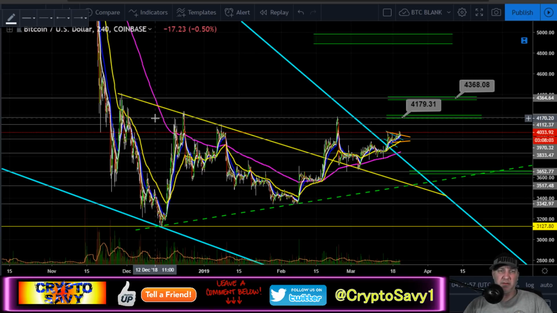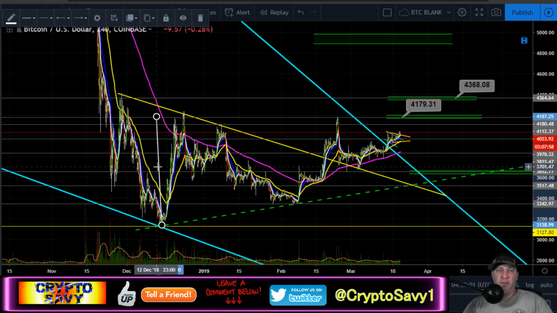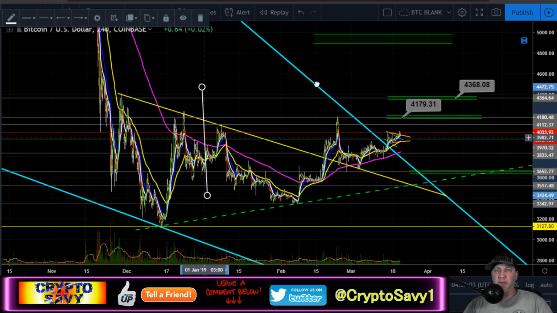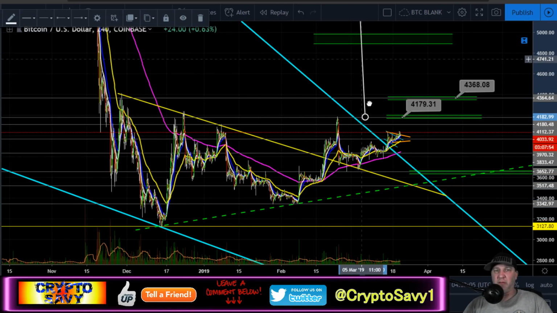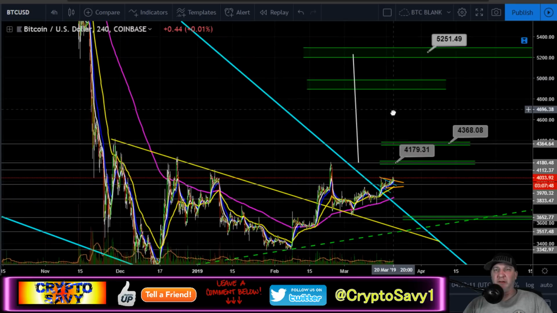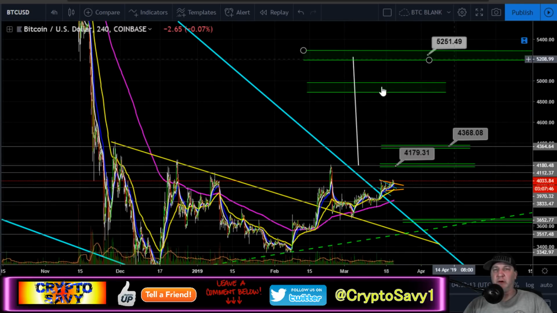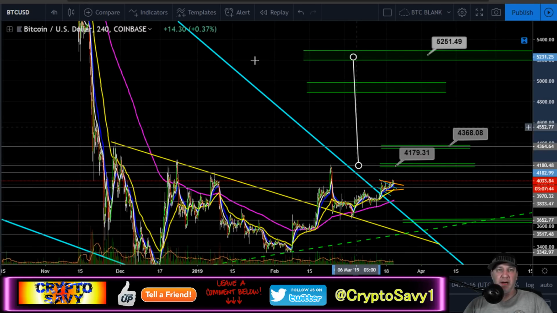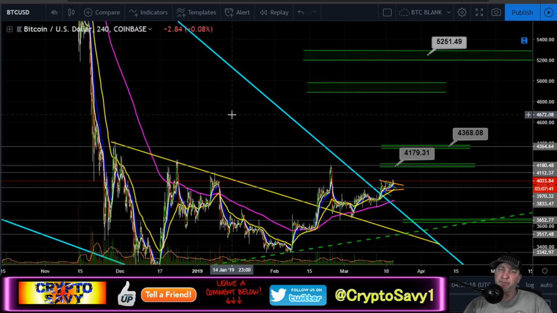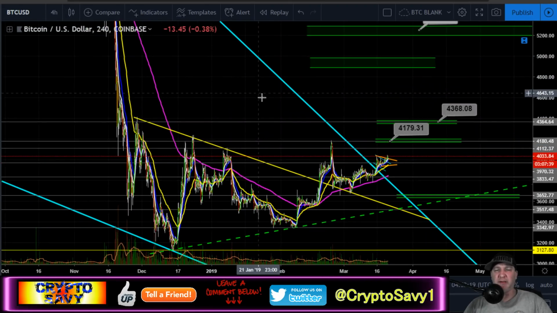Right here, and then we would move this up to over here. Now that's if we break this 4180 range, guys. Then this comes into possibility with the 5200 range. I do believe that's possible. We kind of got to watch and see how it plays out, guys. But that's definitely a possibility.